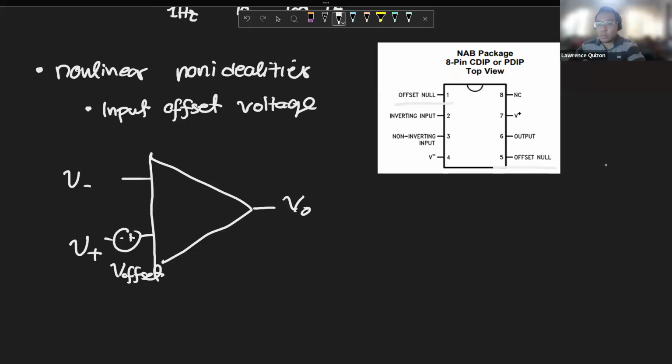Essentially, you put a non-zero offset voltage into this pin of the package to cancel out this non-ideal offset voltage. That's your input offset voltage, right?